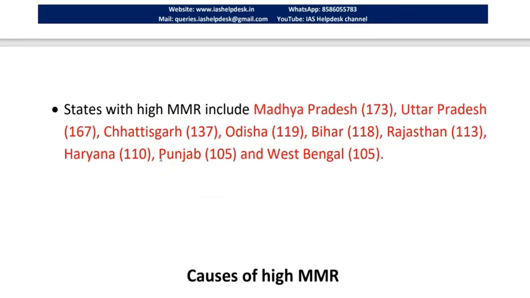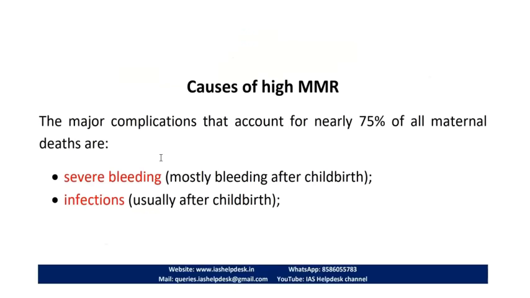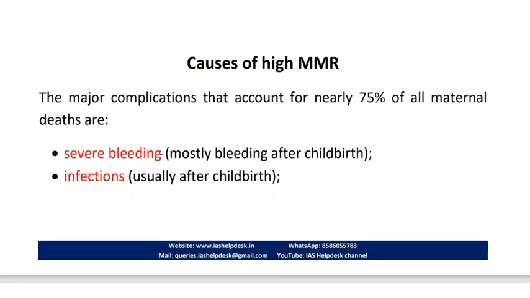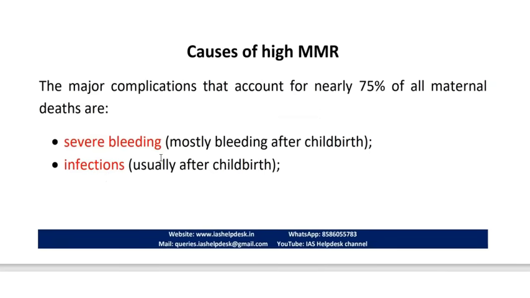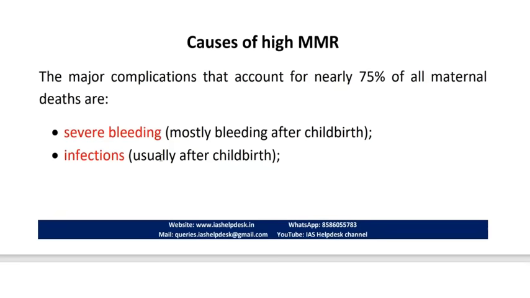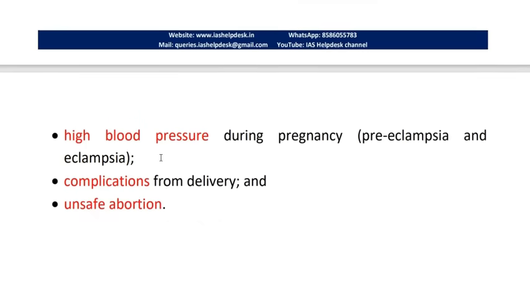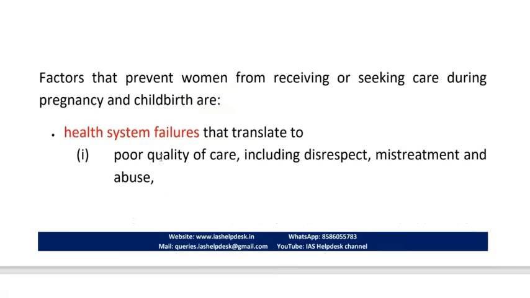So what has led to such a large number of maternal deaths? Let's see the causes of the higher maternal mortality ratio. There are various reasons for the death of women during their reproductive age, and among them are severe bleeding, then infections, high blood pressure during pregnancy, complications from delivery and unsafe abortion.